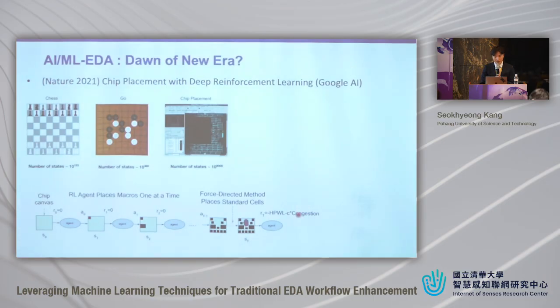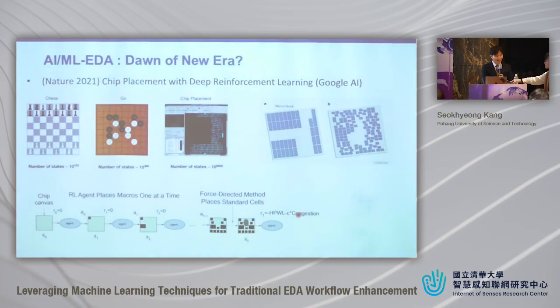This is not the real picture, but the left one is where a human made this kind of macro placement. These macros are SRAM or analog blocks, and AI can make this kind of results.